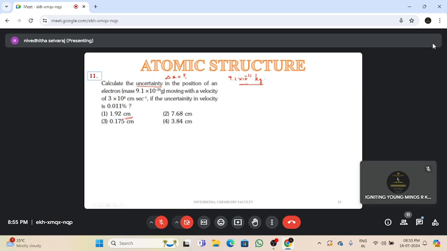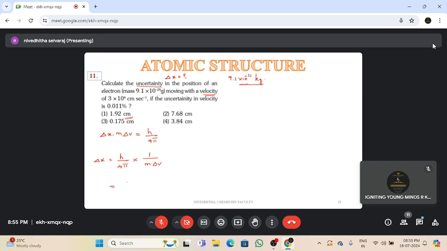So they're asking us to calculate the uncertainty in position. What is the formula? Delta x into, they are talking about velocity, so instead of momentum I can write mass into delta v, which is equal to h by 4 pi. They are asking us to calculate delta x. So delta x is equal to h by 4 pi into 1 by mass into change in velocity.